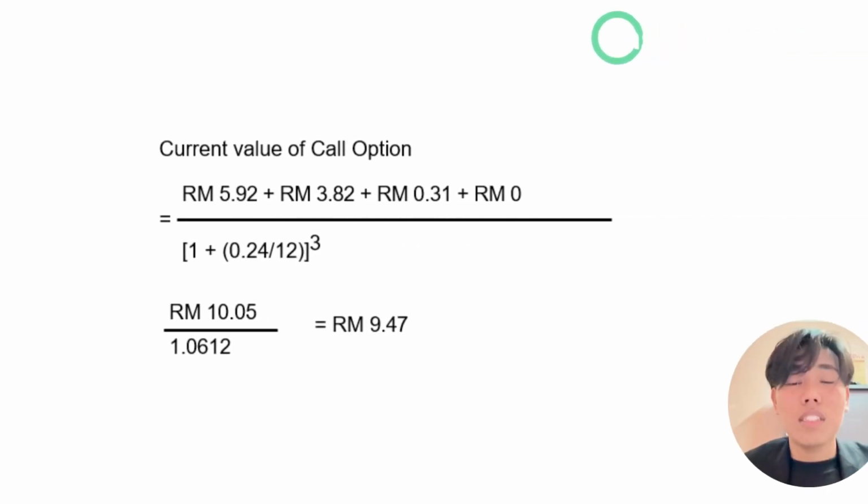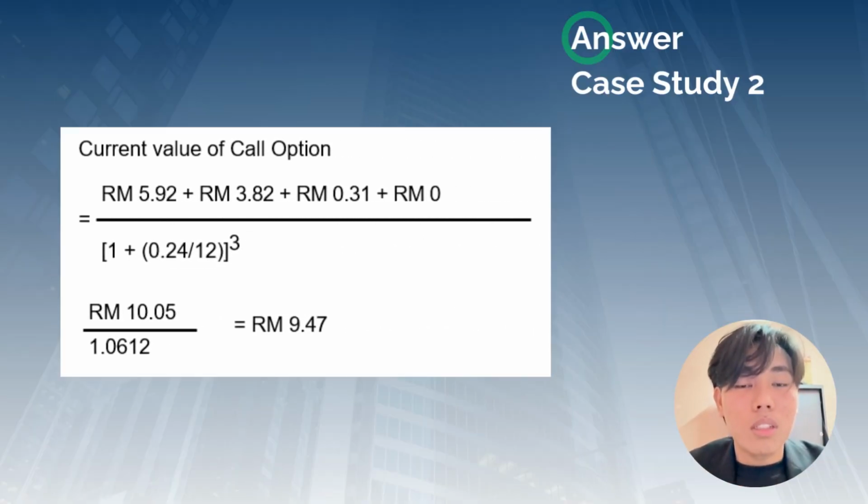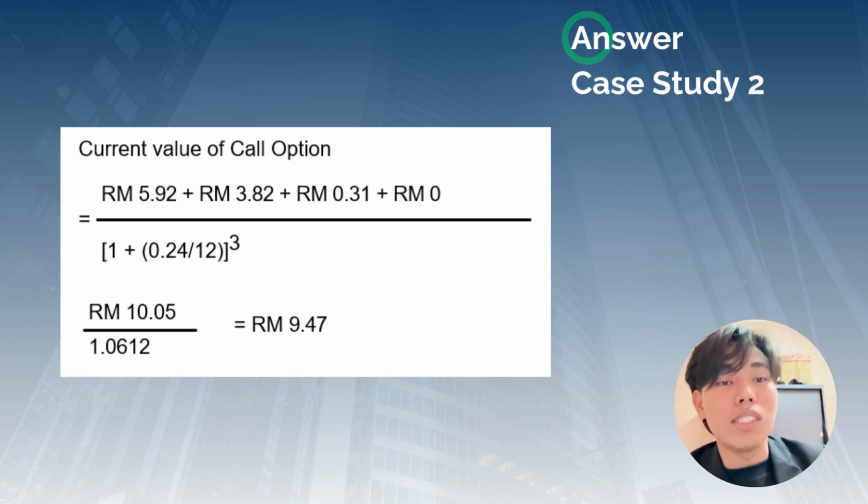Now I'll continue on the last step to answer this question. What this question wants us to find is the current value of the call option. For the calculation of the current value of the call option, you add all the terminal values that you got before and divide by the discount factor. For the discount factor, you use this formula.